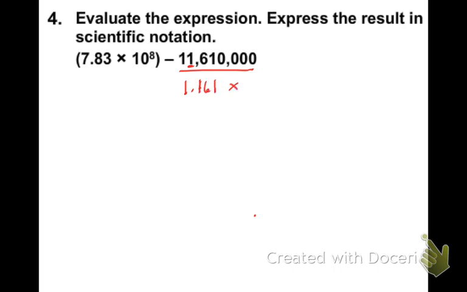Good. Times 10 to the 7th power, because the decimal has to go right in here, in between, to make it a number between 1 and 10. Right? This is 3, this is 6. Okay. And then we have 7 and 8300ths times 10 to the 8th.